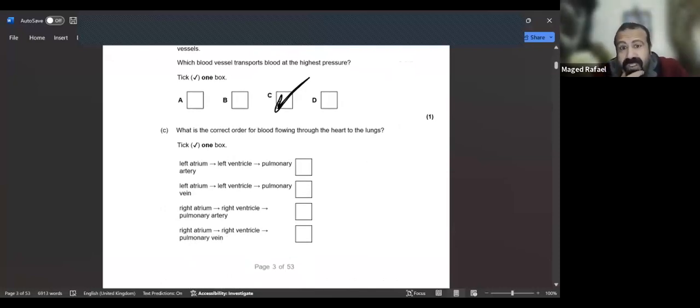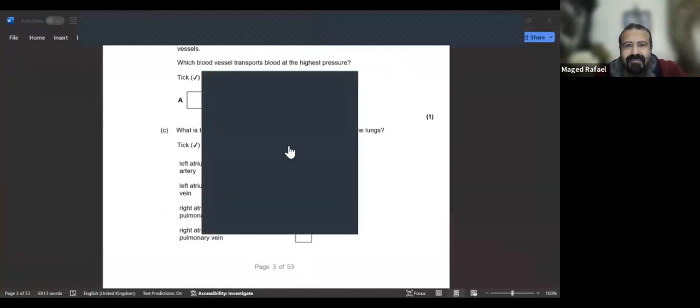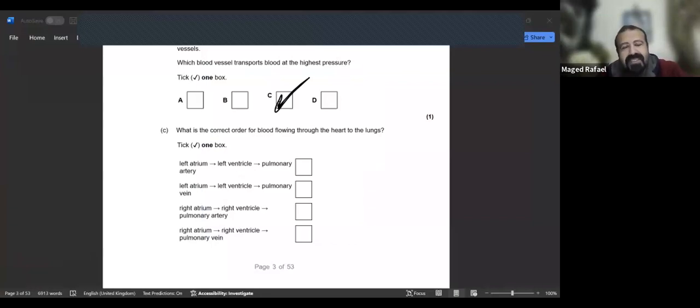What is the correct order for blood flowing through the heart to the lungs? Without taking a look at the diagram, what is the answer? No, Sophie. From the heart to the lungs. Think about the other side.